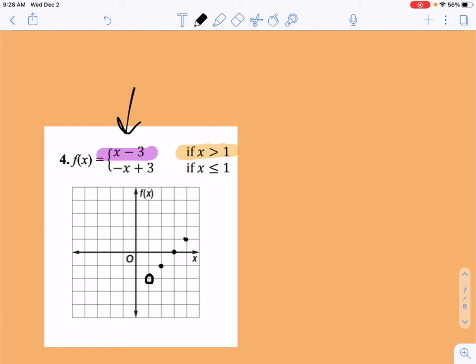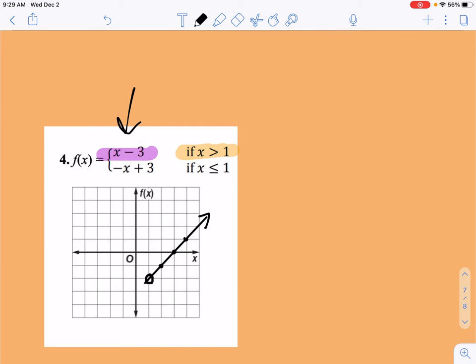And then anything else that x is greater than 1 is included in this. So you have a line that's going to have the same shape and the same slope as the other one we were drawing, but it doesn't go past 1 for x, all right?